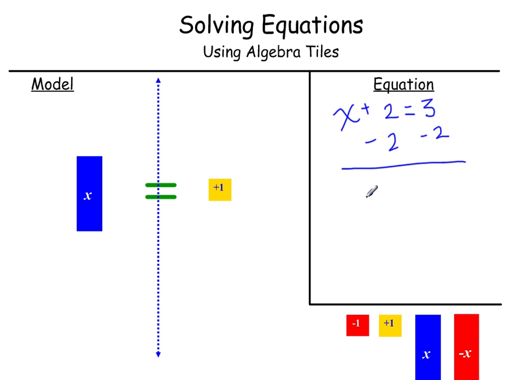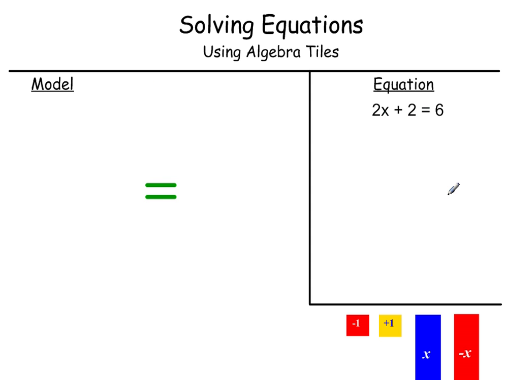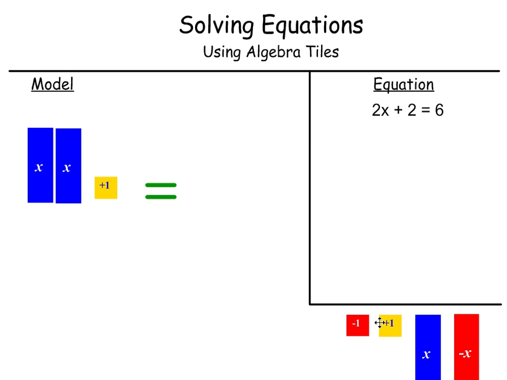And so this gives you a visual idea of what we're doing when we're solving equations. We're actually doing the inverse operation. We're doing the opposite of what is needed to get x by itself. If I go to this next one, we got to first set it up. To set it up, we're going to put two x's and two yellows on this side.